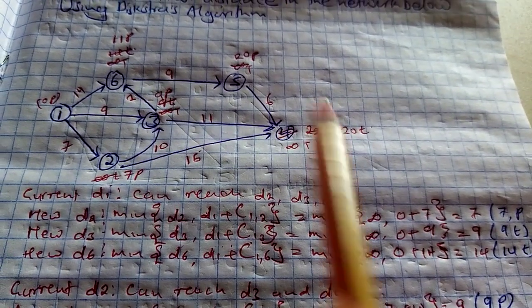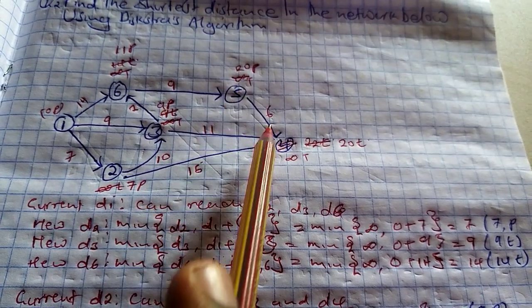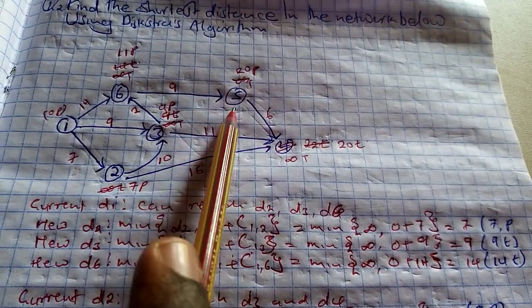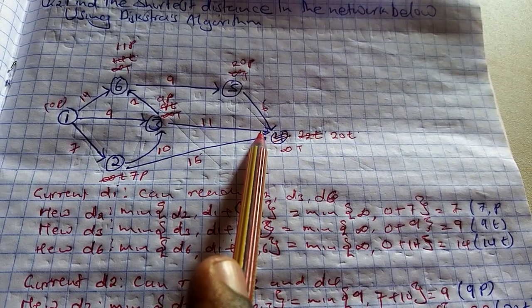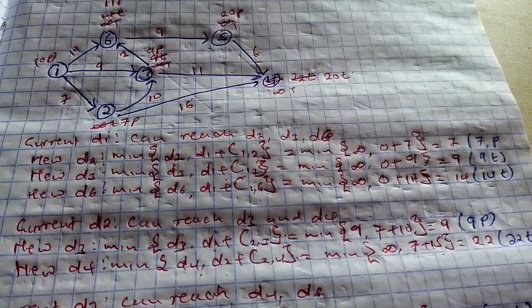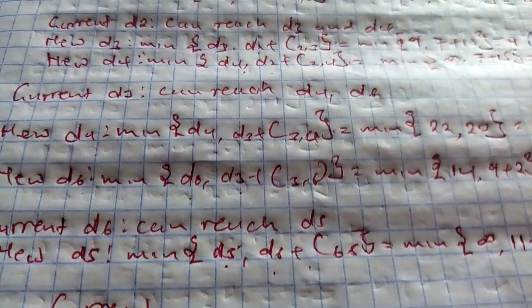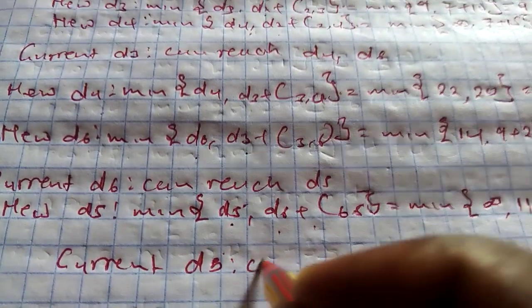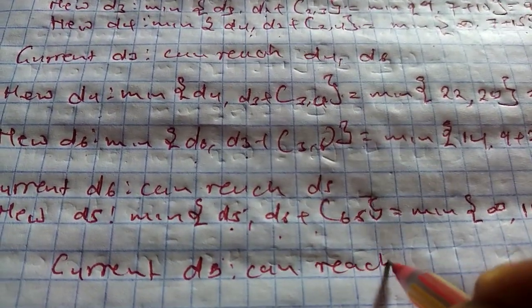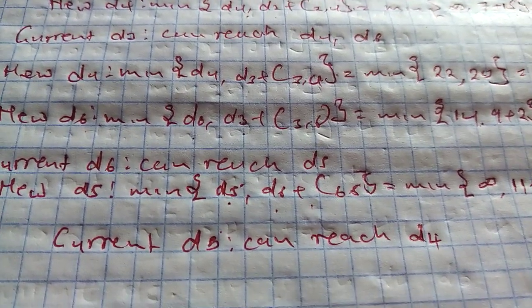So our current is now at d5. From d5 you can only reach d4. So come here now, say again, current is d5, can reach d4.